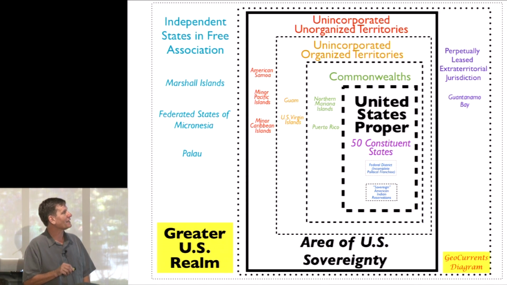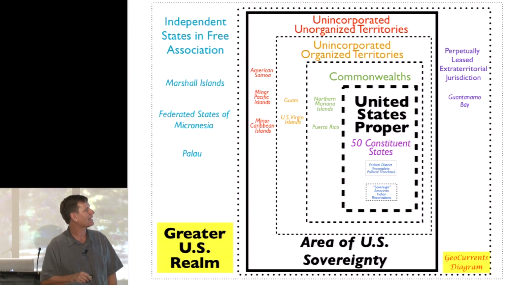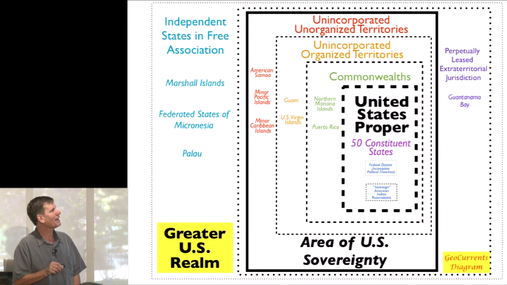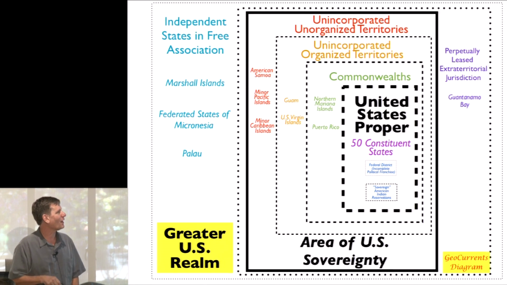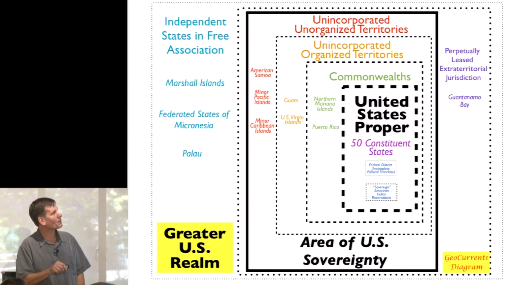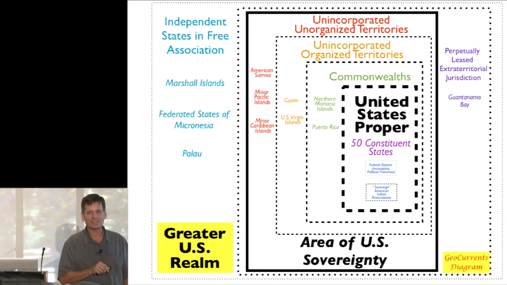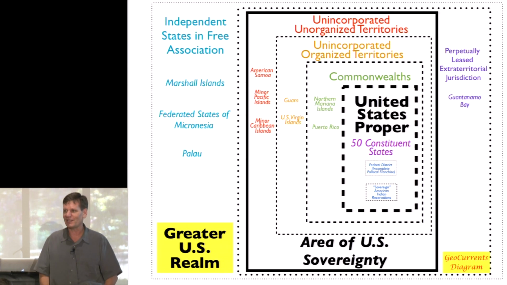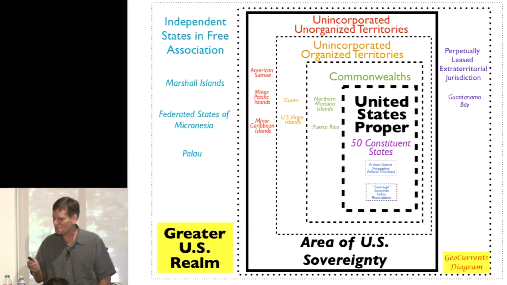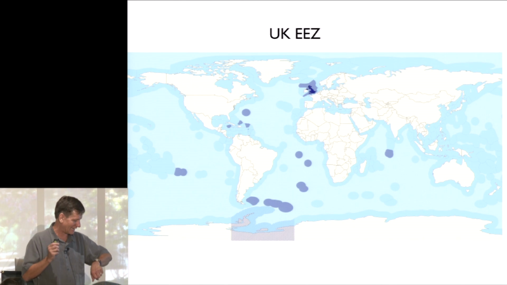Then we got Guam and the US Virgin Islands that are unincorporated, organized territories. And we have unincorporated, unorganized territories, American Samoa and a few others. We have a perpetually leased extraterrestrial jurisdiction, Guantanamo Bay. And then we have states in free association. So even the United States is much more complicated than we might think.